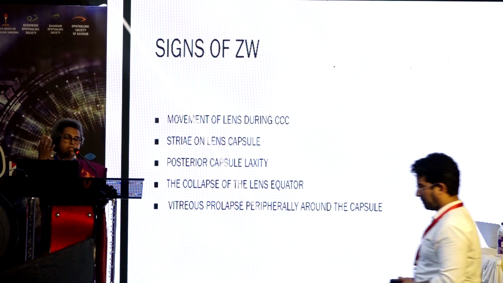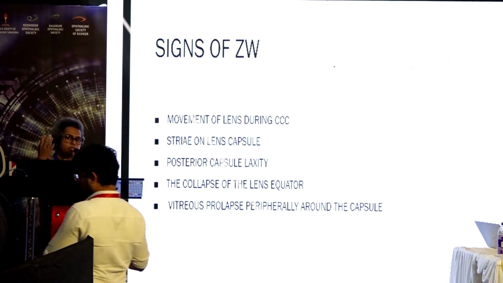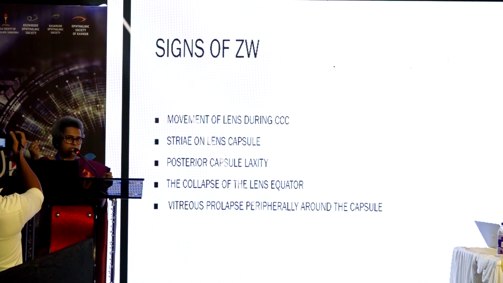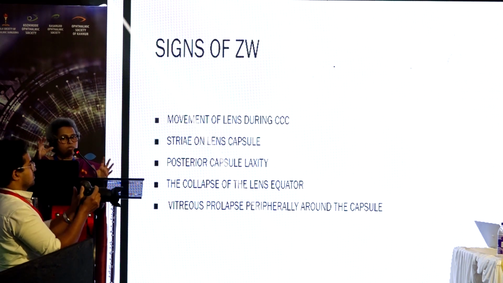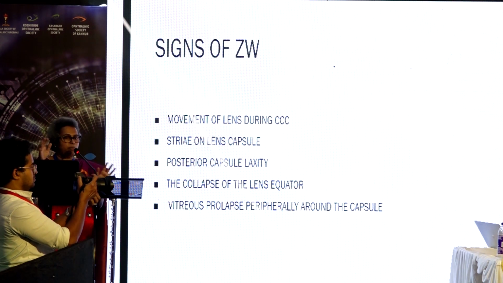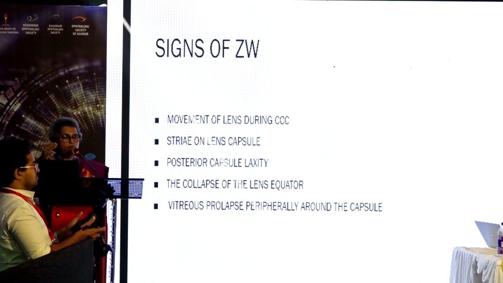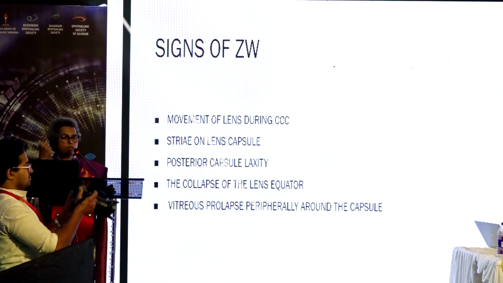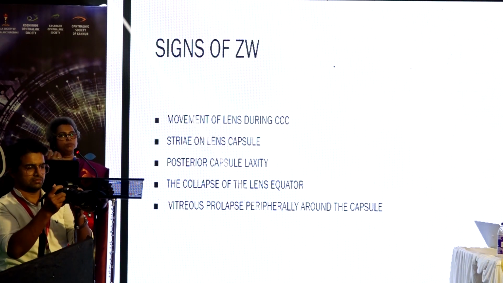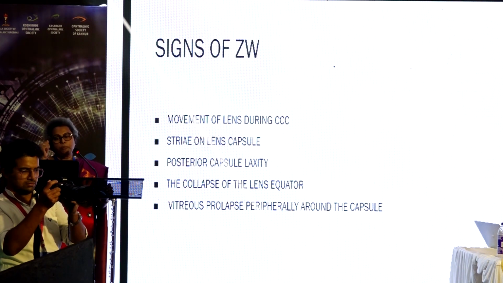In cases of pure posterior zonulopathy, where only the posterior zonular fibers are weak, you will be able to complete your nucleus management and everything goes very nicely until, when you are taking out the last pieces, you notice a posterior capsular laxity and the posterior capsule trying to come into your phaco probe.